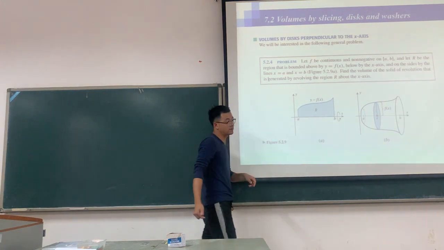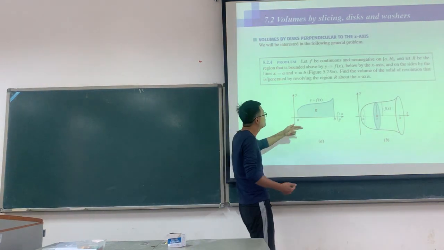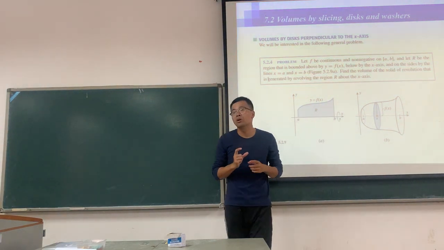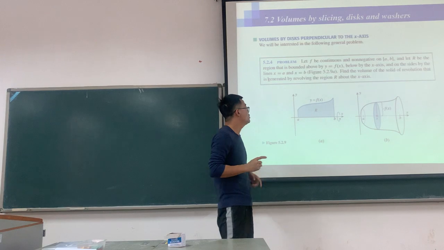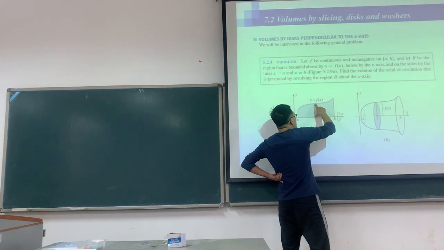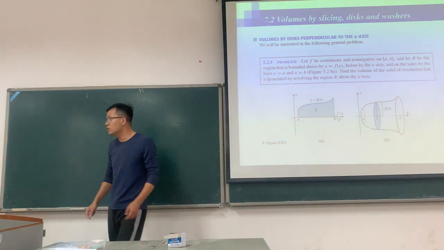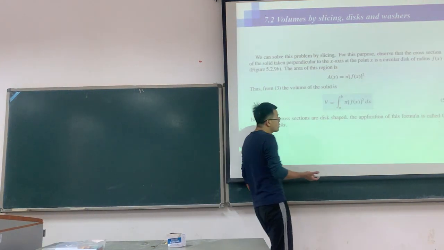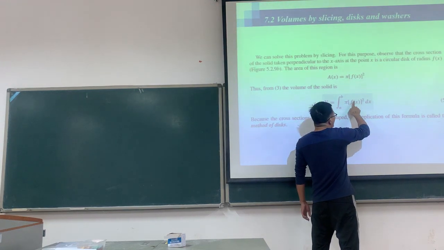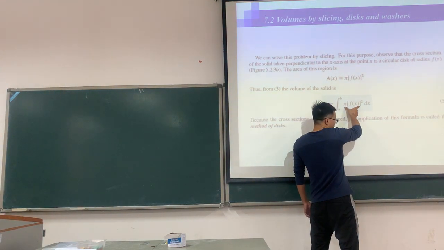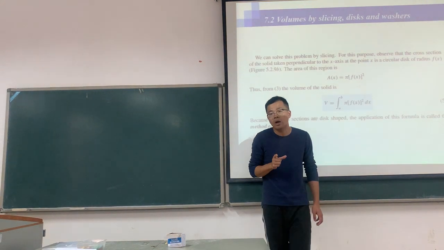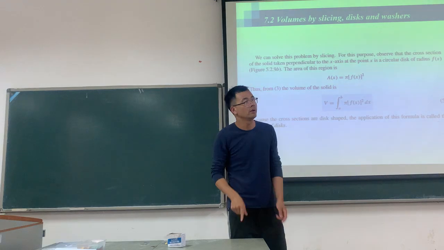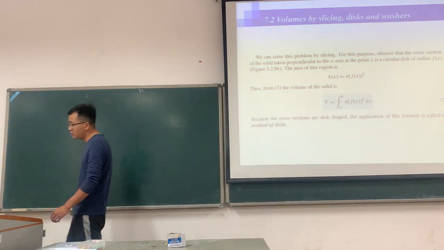Each cross section is a circle, and its radius is f(x). So pi f(x) squared is the area of the cross section.